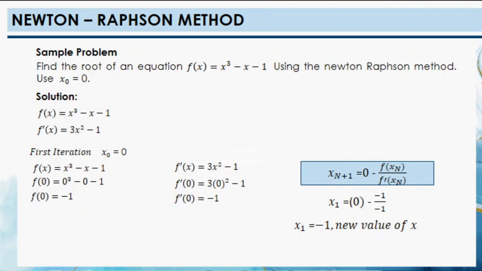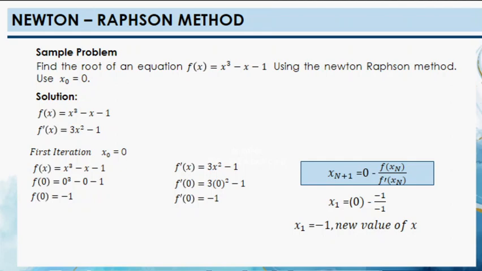So, ano ba yung una natin kailangan gawin? So, kunin lang natin yung first derivative ng ating given equation. So, ang given equation natin is x cubed minus x minus 1. So, ano ba yung derivative nito? So, that is 3x squared minus 1. So, for our first iteration, consider natin na x sub 0 is equal to 0. So, paano yun?